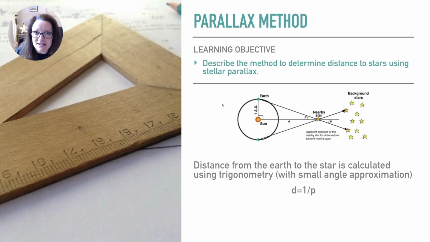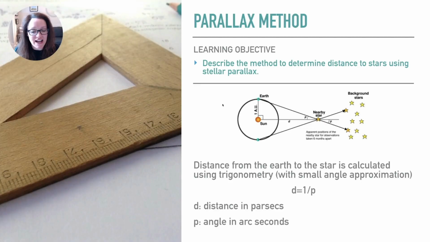You can find the distance to any star within a range using D, which is distance in parsecs, equals 1 divided by P, which is the angle in arc seconds. It couldn't be any easier. As long as you have both in the right units, then everything becomes really simple.